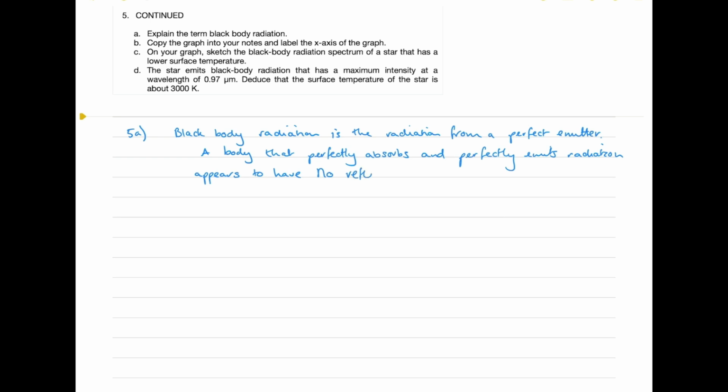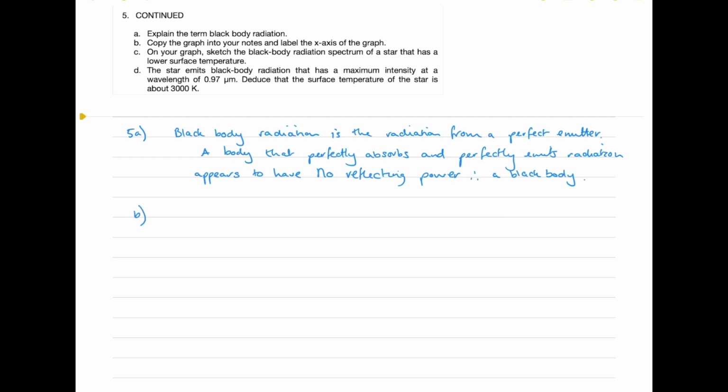It means it doesn't reflect any light. Therefore, a black body is a black body because it doesn't reflect anything. And if we assume something's a black body, the radiation from that body is called black body radiation.